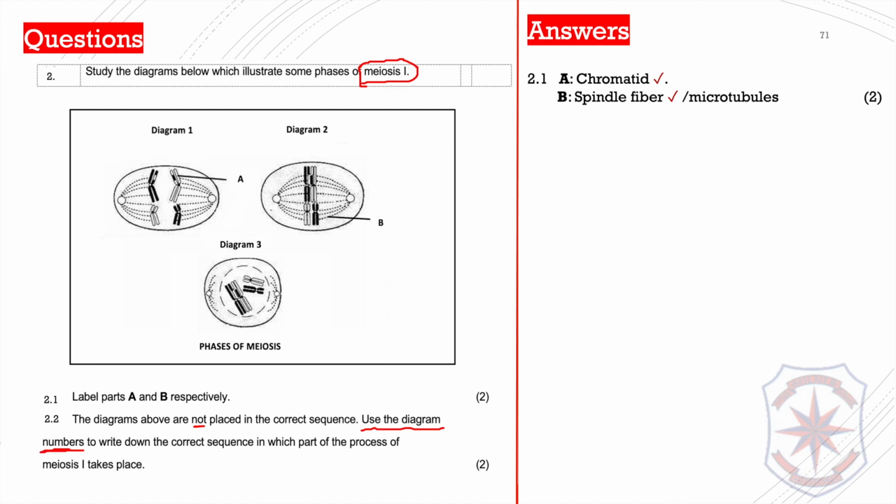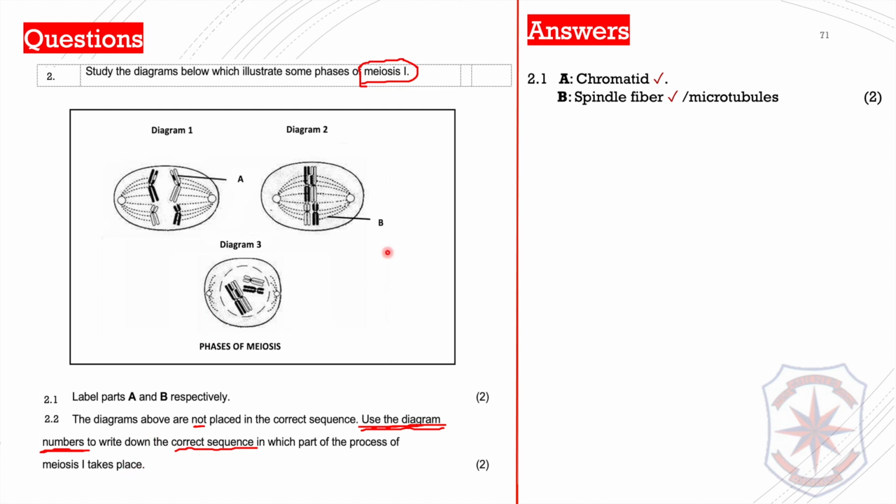Use the diagram numbers, guys. So please answer according to the given context. Don't name them.